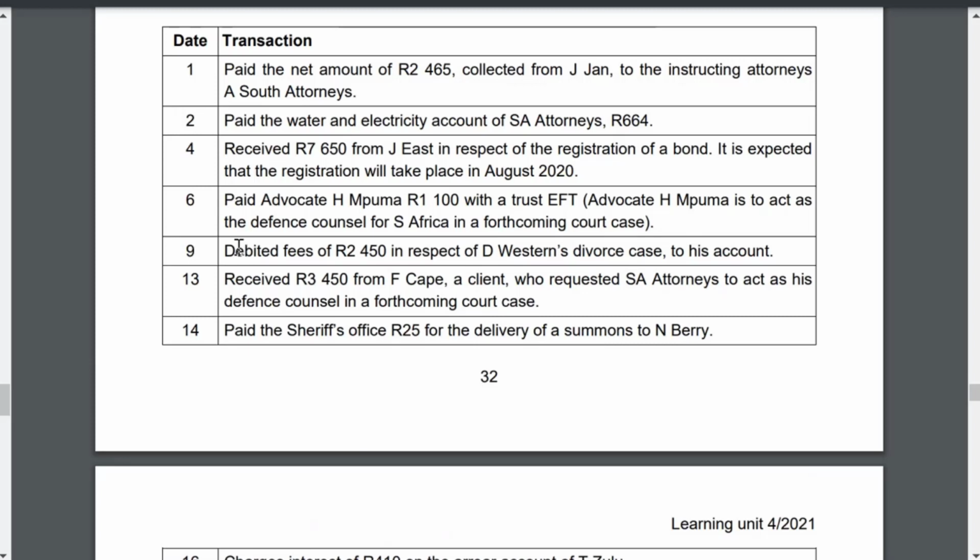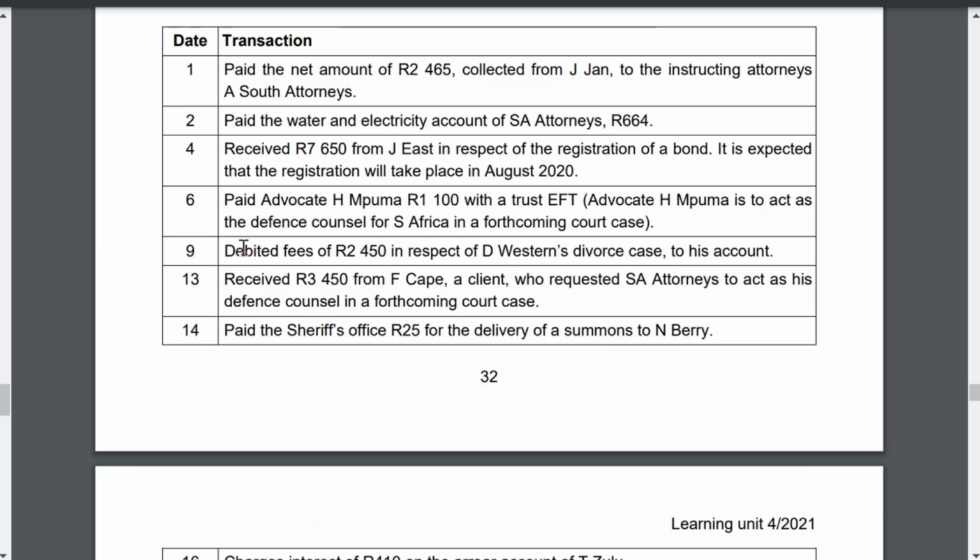Transaction number 9. Number 9 is there's a debit fees for 2,450 in respect of the Western divorce case to his account. So what is this saying?